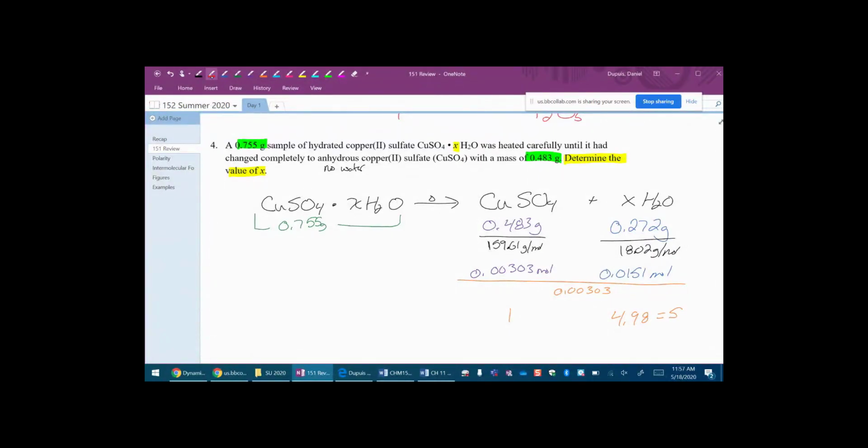So it looks like my formula would be CuSO4·5H2O. And that's very common for copper 2 sulfate to have 5 waters. So that's that one, number 4 in this case. So that's the law of conservation of mass with an empirical formula.